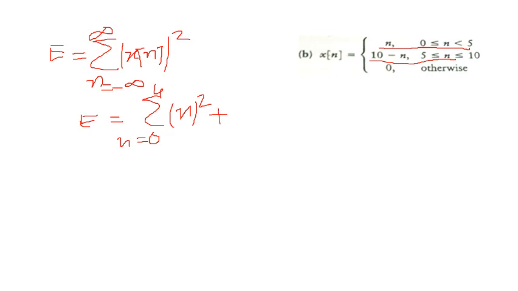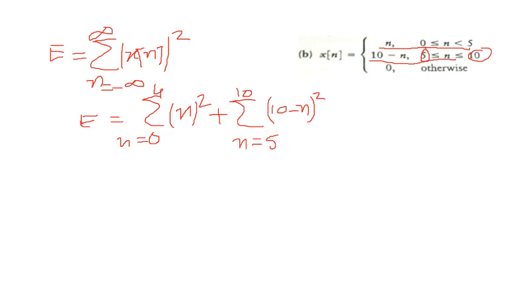For the second part it is the summation with n running from 5 to 10, as you can see given here, and then we have (10 minus n) whole square, right?